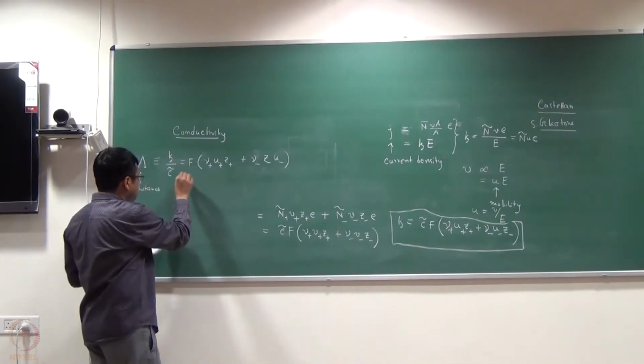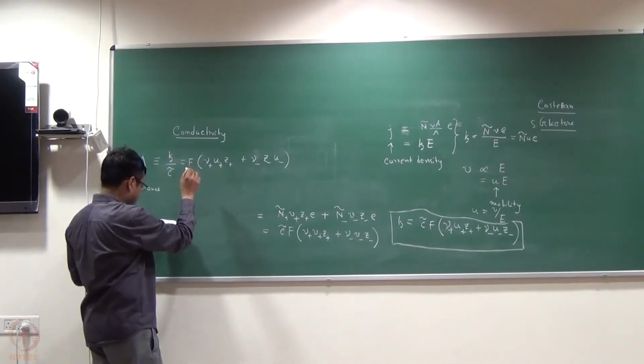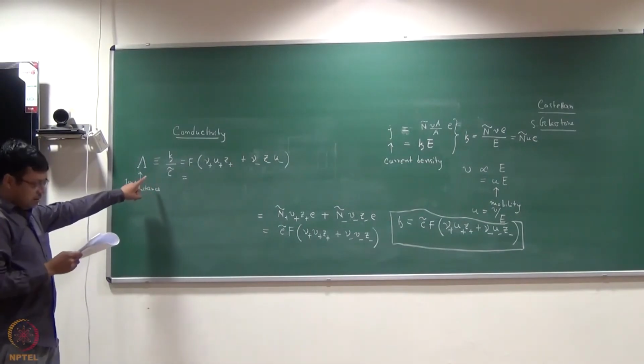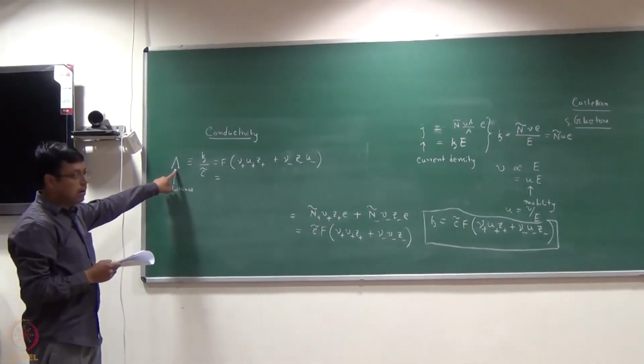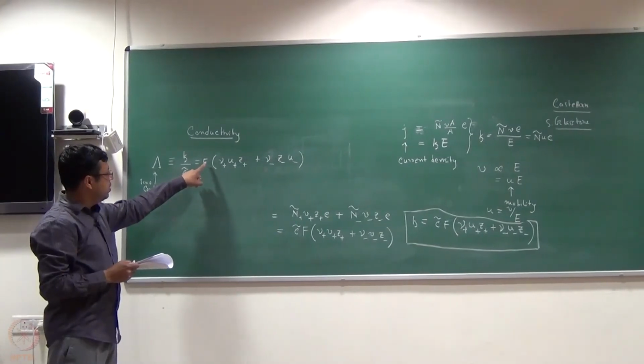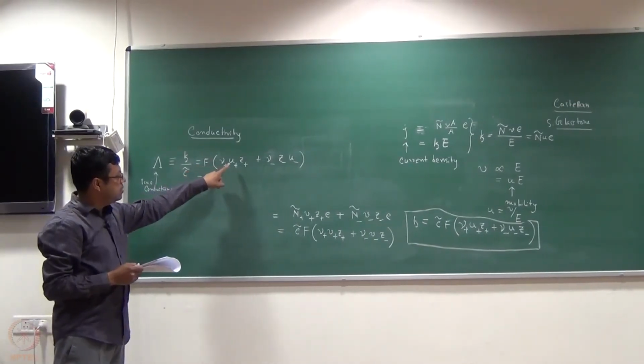Sometimes it is also written differently, let me just show you. As you can see, I have lambda, which is kappa divided by C tilde, which is basically F U plus Z plus.